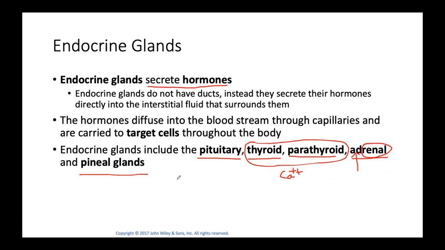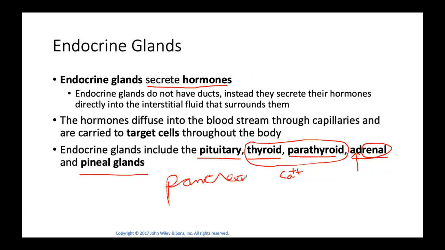Then we have another type that is called a mixed gland. Now, a mixed gland has both endocrine and exocrine function. A classical example of that would be the pancreas.